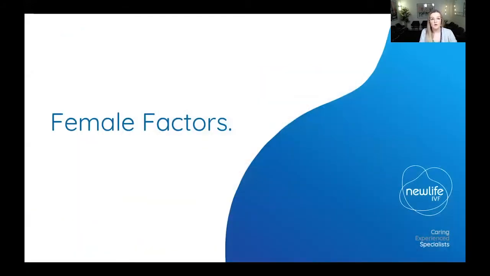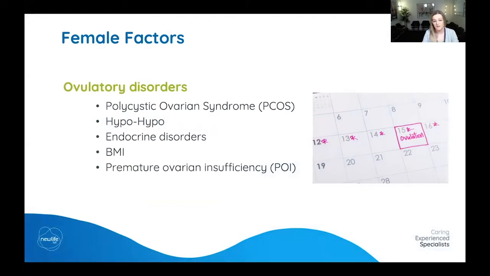So now I'm going to focus on the female factors or factors that arise from the female reproductive tract. A quarter of women suffering from subfertility suffer from an ovulatory disorder. And this can be something like polycystic ovarian syndrome or PCOS.